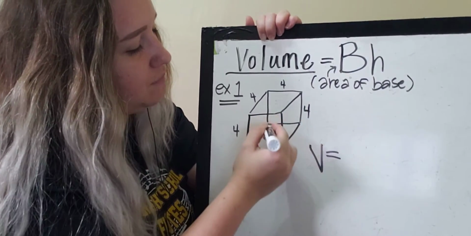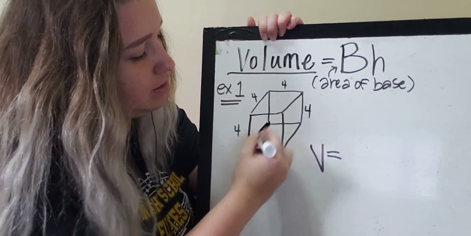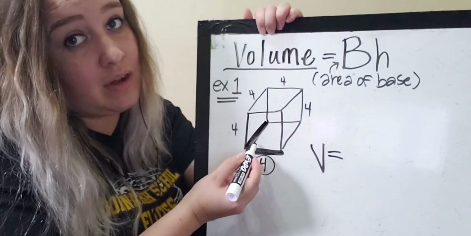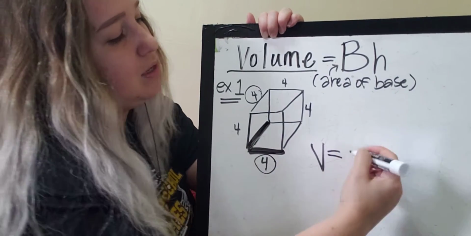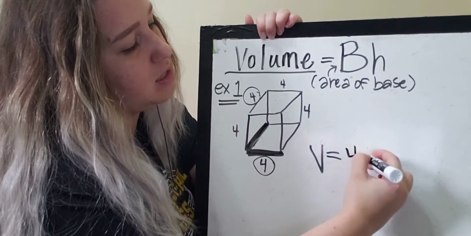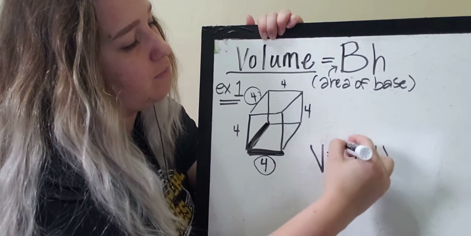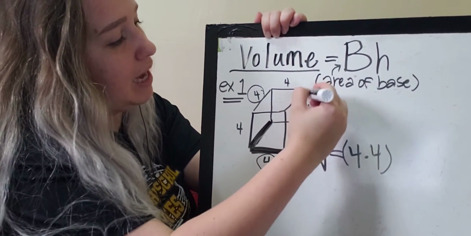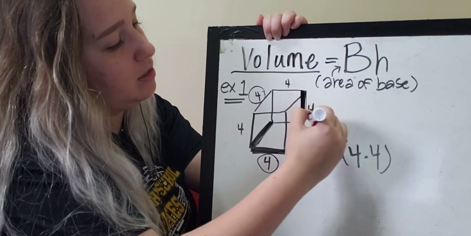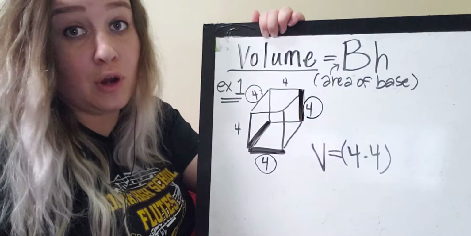Now we need to figure out another side. Now here it doesn't have a number, but we notice that this one is a side that's exactly the same. So far we have 4 times 4. Finally, we need the height. Height is the tall one, which is also 4.